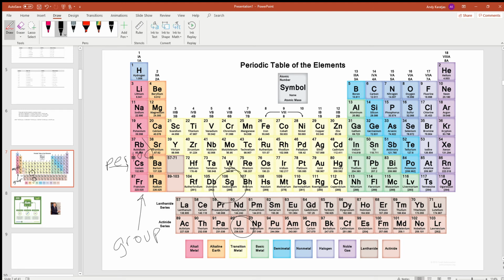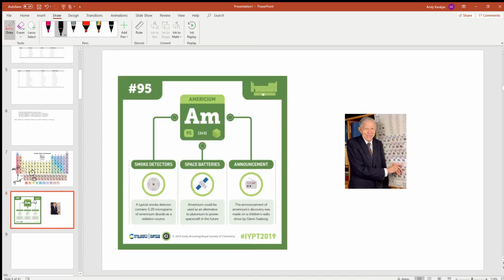And that element was actually named after him before he died, making him one of the few people to ever have an element named after them while they were still alive, which led to him getting to take this rather unique picture, where you can see he's actually standing next to a periodic table while pointing at the element that was named after him.